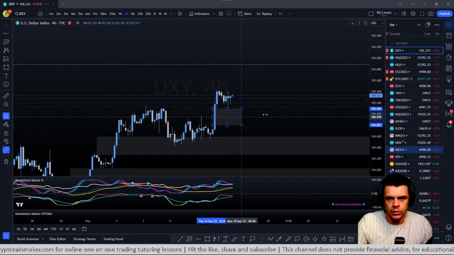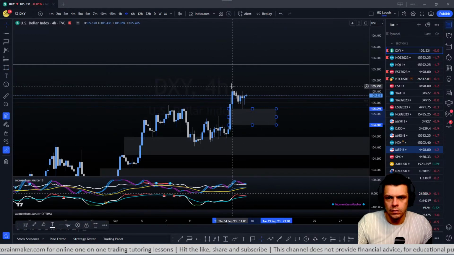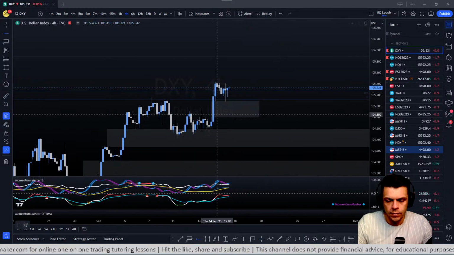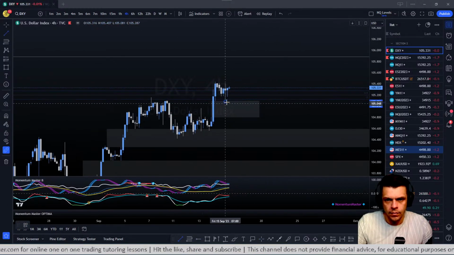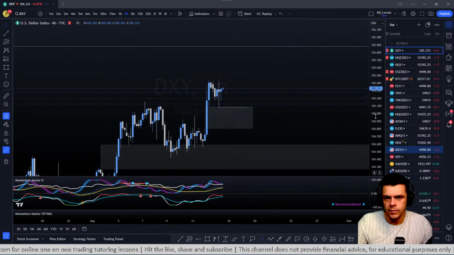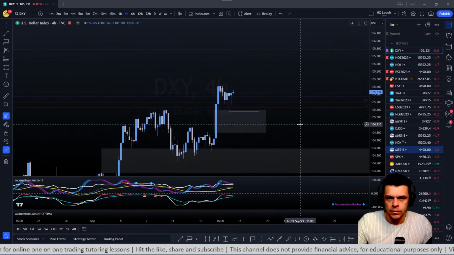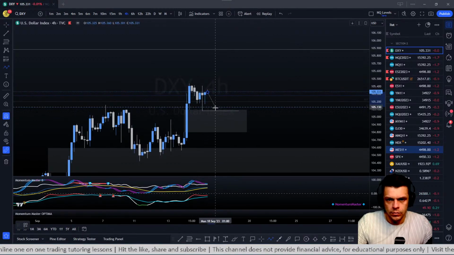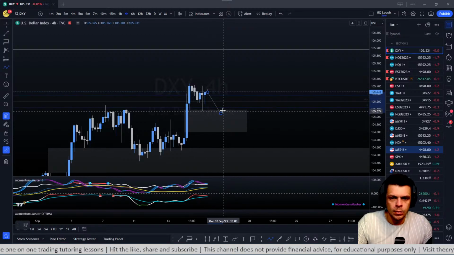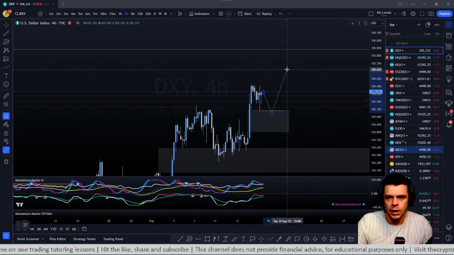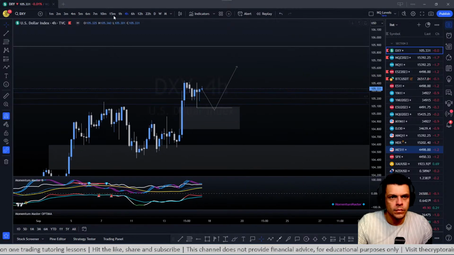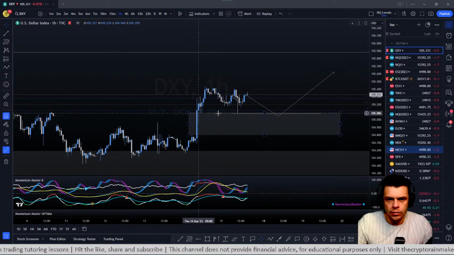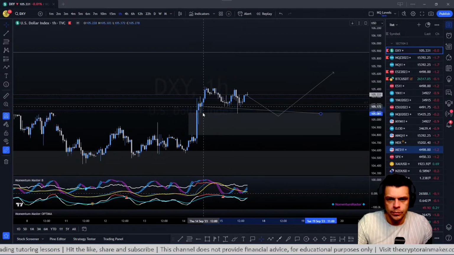Okay, so right here there was a little imbalance. They tapped into it, started to move away. I guess it's obviously likely that they might just push it into this area to grab up some liquidity before pushing it back to the upside. Have a look at the 1-hour. So over here we have these equal lows.